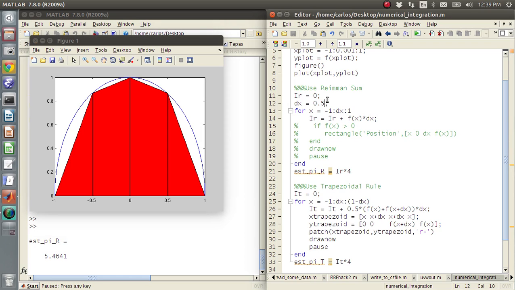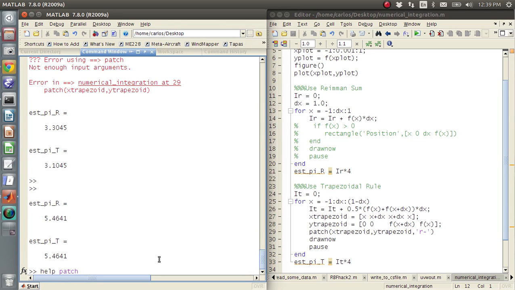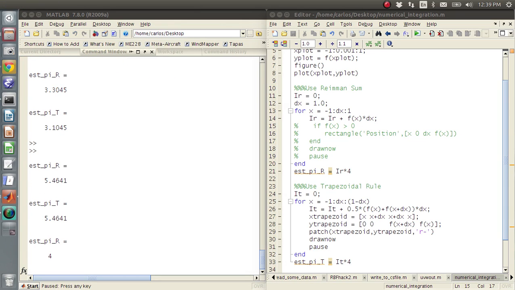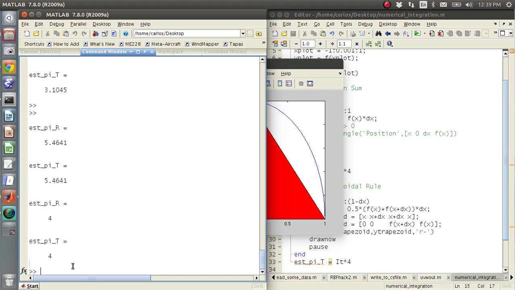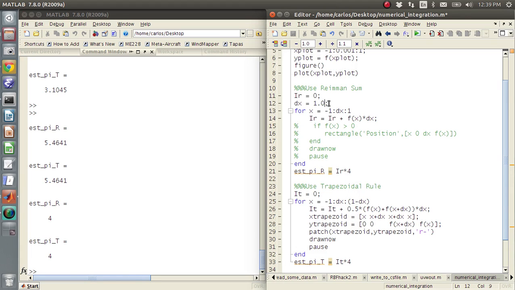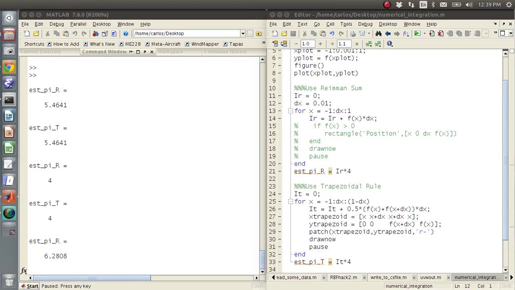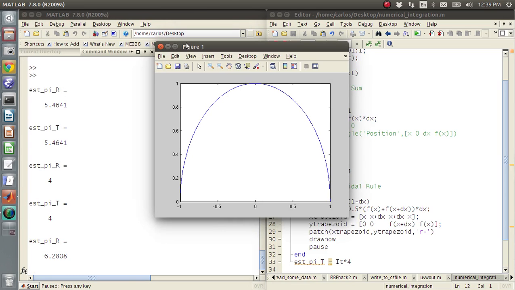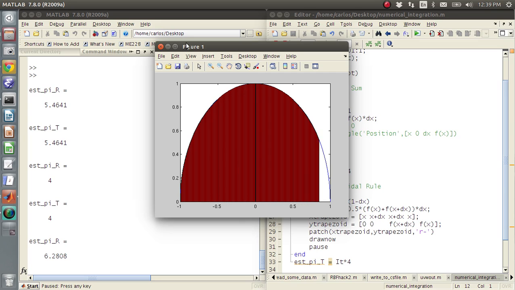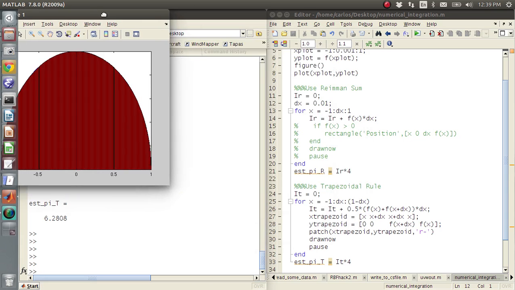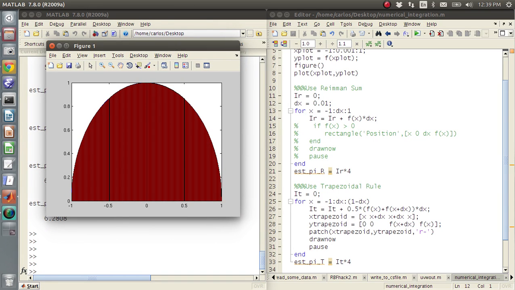If we do, say, a dx of 0.1, and we run it again, now we've just got 2 trapezoids, and we have a lot of error in there. But, like I said, if you make it like 0.01, then you get a ton of trapezoids, and they take forever to integrate, but you really match the curve pretty well. And there you go. So there's Riemann sum and trapezoidal rule. Good luck.